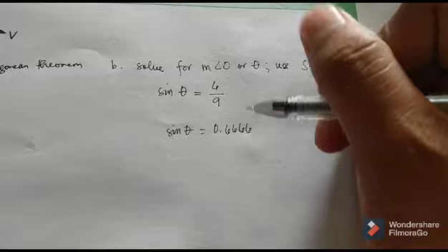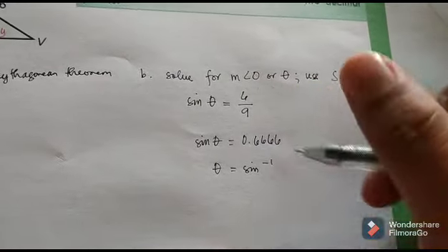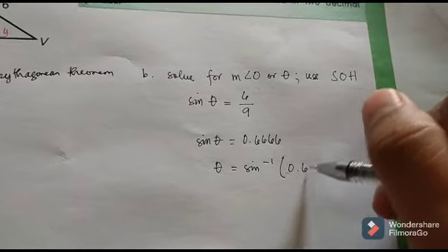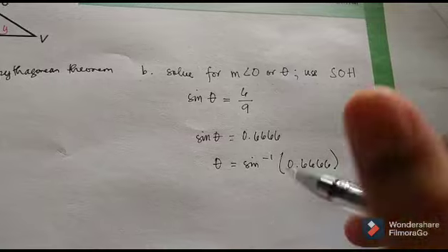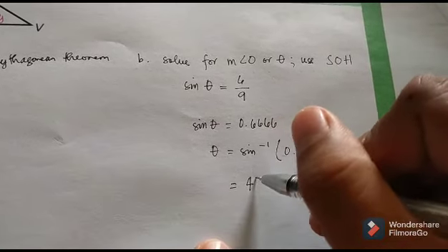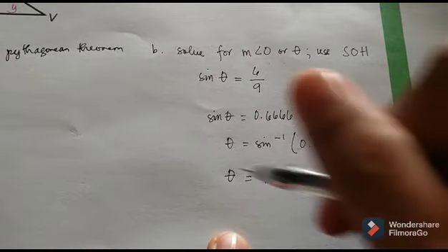So inverse sine, you would have theta is equal to the inverse sine of 0.6666. That would give you an equivalent of 41.81. That would be the measure of angle theta.